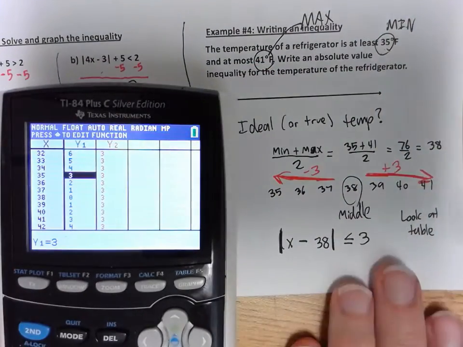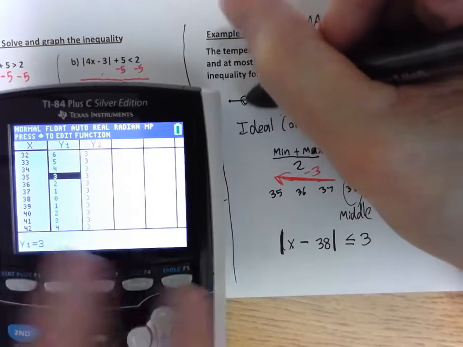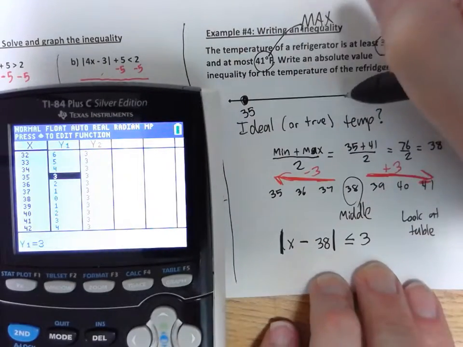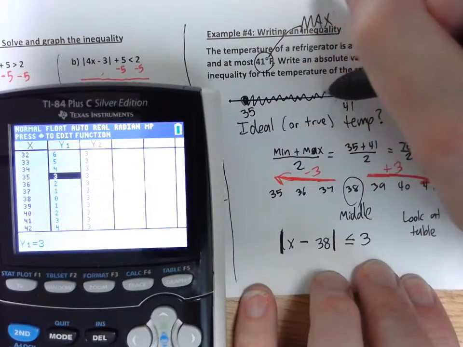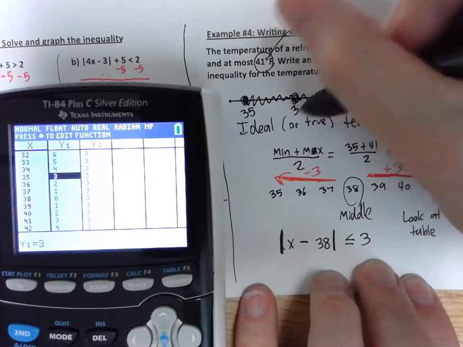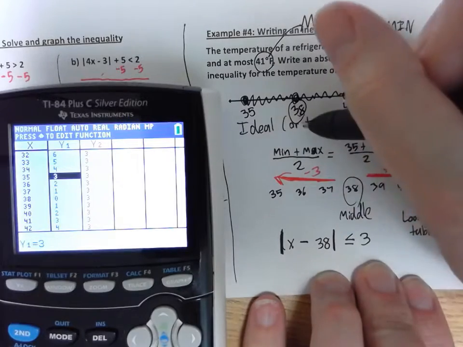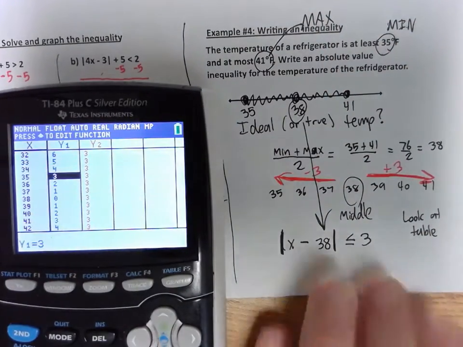Okay, so 35 to 41, anything between there is good. Of course, 38 is that number you want right there. That's right in the middle.